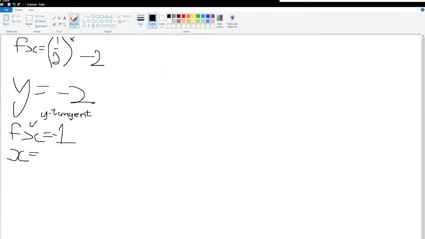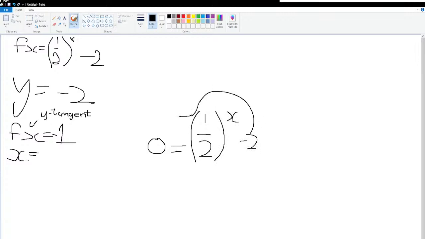Anyways, so what they did is they said, okay, 0 is equal to 1 over 2 to the power of x minus 2. They then brought the 2 over to this side. So that means 2 is equal to 1 over 2 to the power of x.